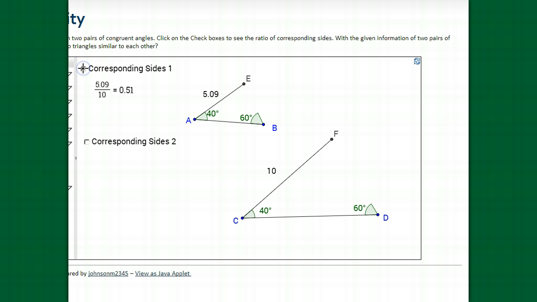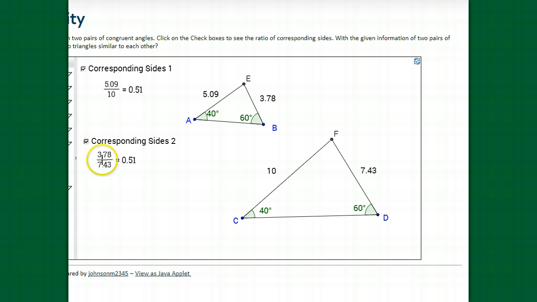So when I click on the corresponding sides, what I get is that segment AE and segment CF. But notice right here, here's the ratio of those two corresponding sides. Now, when I click on corresponding sides 2, it forms the other sides of the triangle, the third sides of the triangle. So we're looking at segment EB and segment FD.